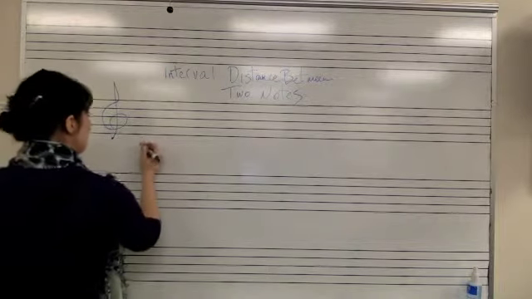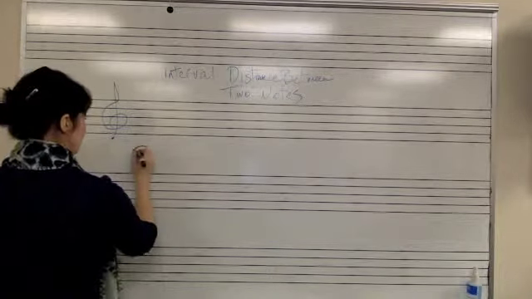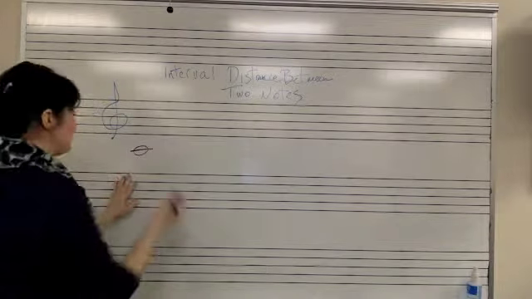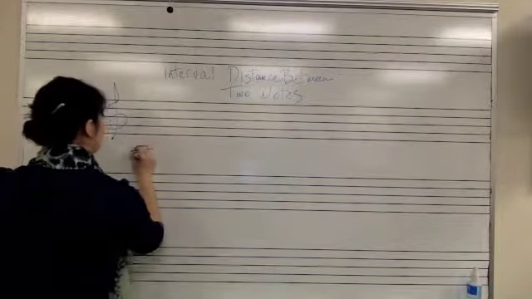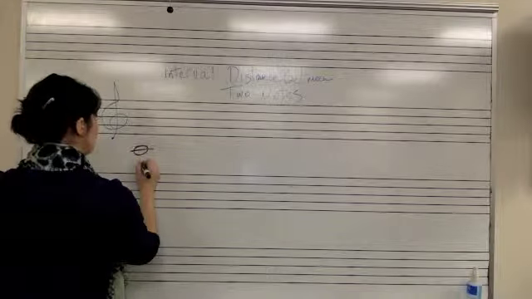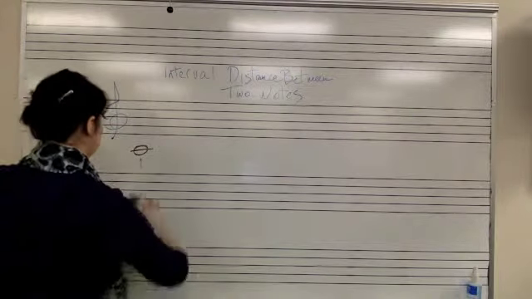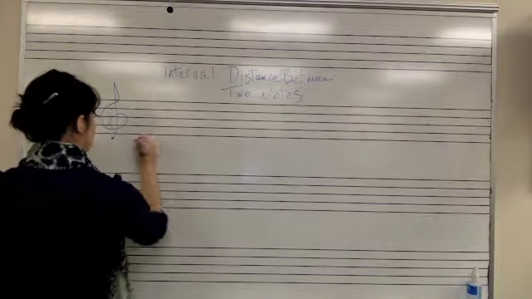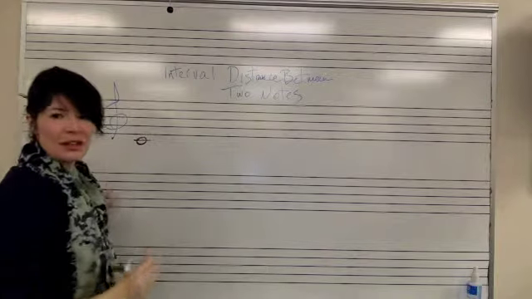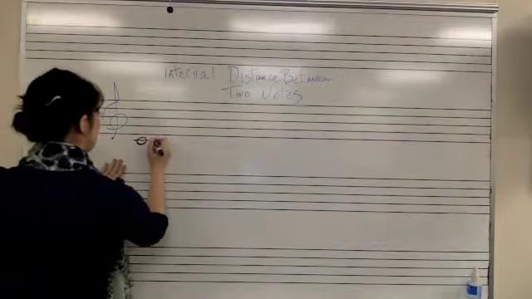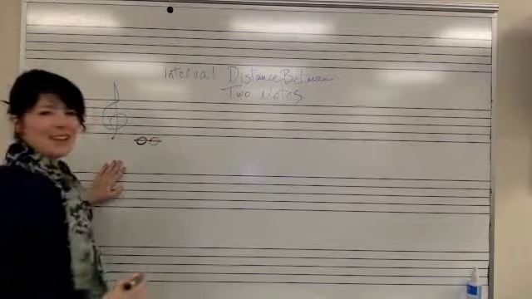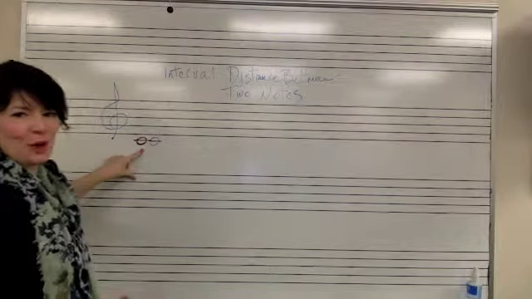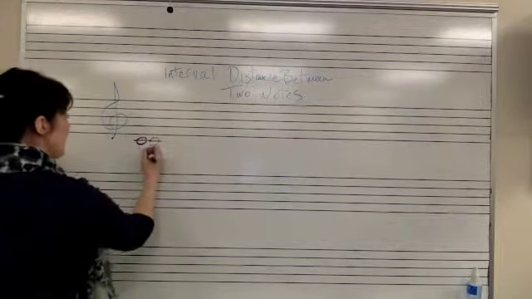So if we have C, and then we have C again, of course, it's a unison, or 1. Just pretend that they're on top of each other, in the same spot. It's going to be an interval of 1. So you've got C to C, that's 1 note.